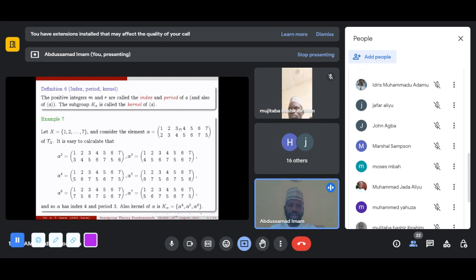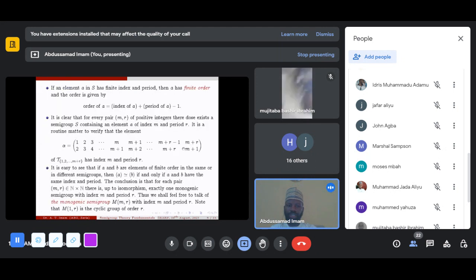You see, this is our M, and our R is after three steps after M. So we generalize that construction in that example. Which means if you give me any pair M and R, I can always construct an element in a certain semigroup, T_X, whose index is M and period is R.